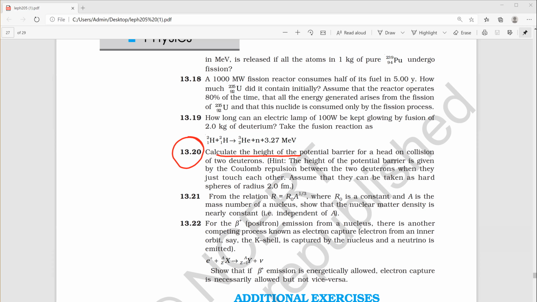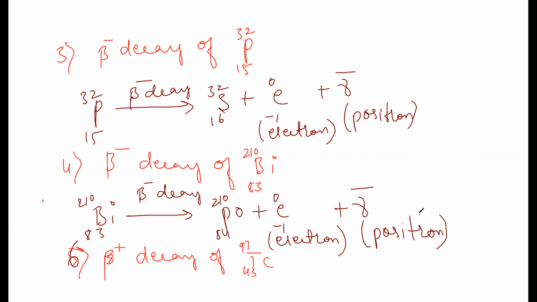Calculate the height of the potential barrier for a head-on collision of two deuterons. The height of the potential barrier is given by the Coulomb repulsion between two deuterons when they just touch each other. Assume that they can be taken as hard spheres of radius 2 fermi. So let us see how to calculate it.